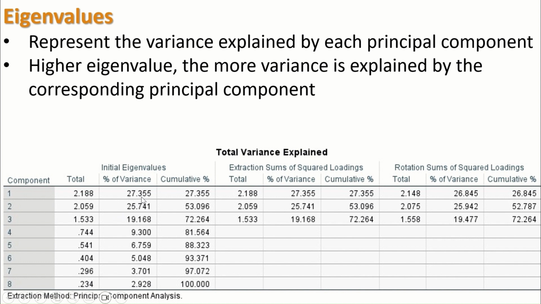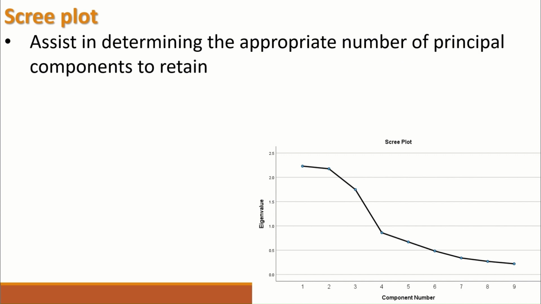Component 1 explains 27.3% of variance. The second component explains 25.7%. The third is 19.1%. The 3 components together explain 72.2% of the variance.